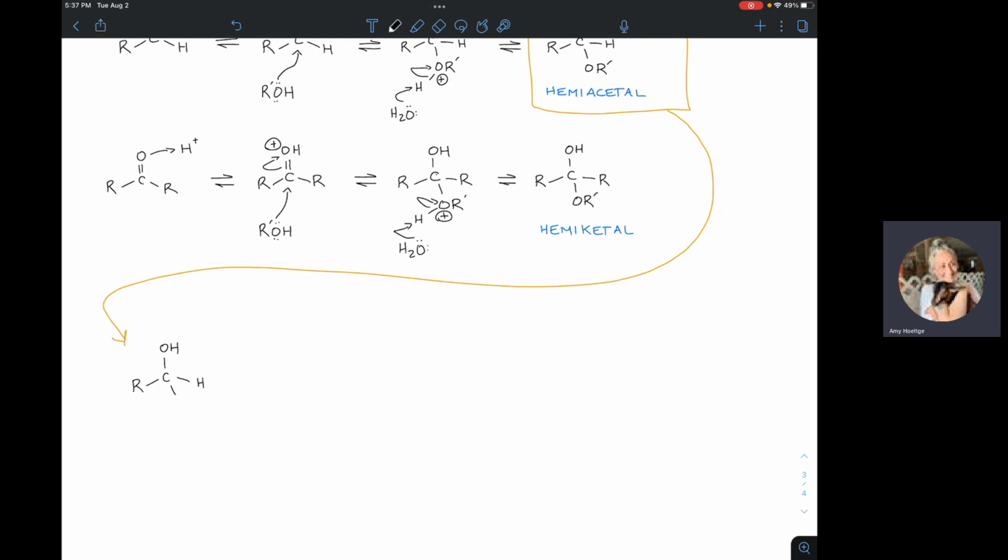And if I had another equivalent of alcohol, I can continue this reaction, can't I? So I still have acid floating around in the flask. So this reaction can continue as long as I have alcohol present. All of these steps are reversible.